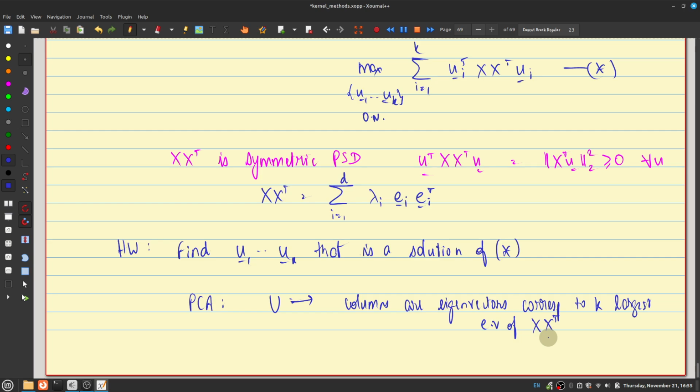Why does that achieve the maximum? No, you're not just maximizing over the d eigenvectors, right? You're maximizing over all of R^d. Again, it's not very complicated. It's just along similar lines. Just have to be a little careful.